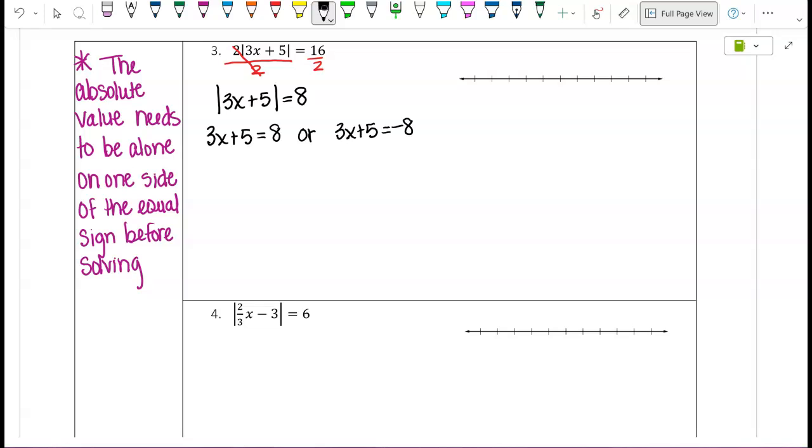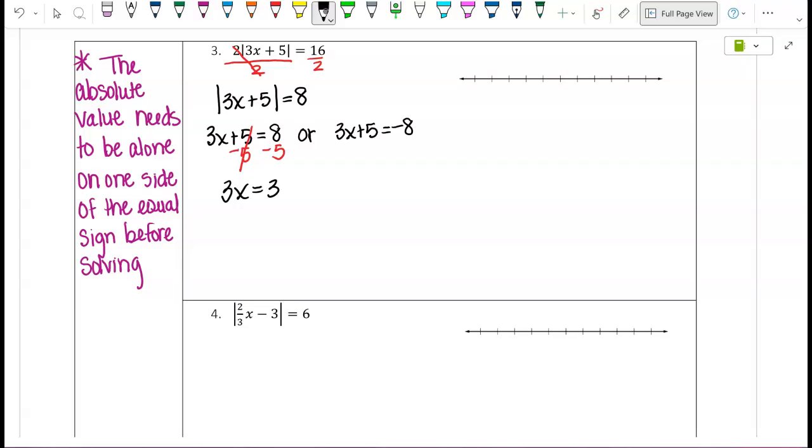And now again, I'm back to my properties of equality on how I solve. I undo addition and subtraction first. So I'm going to start by subtracting 5 from both sides. So I get 3x equals 3.